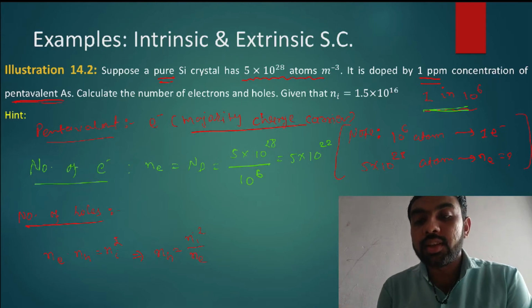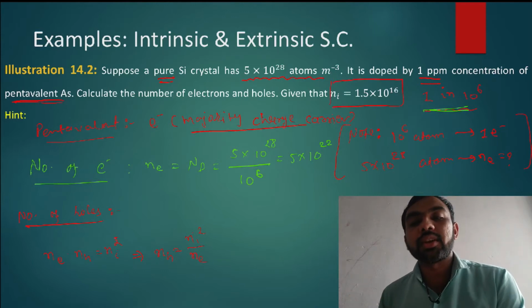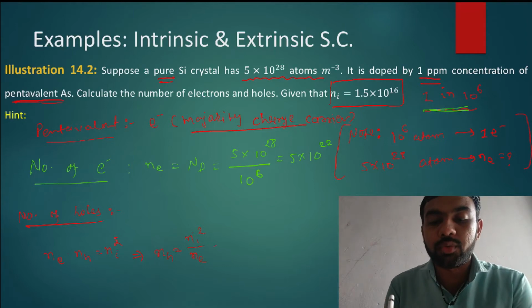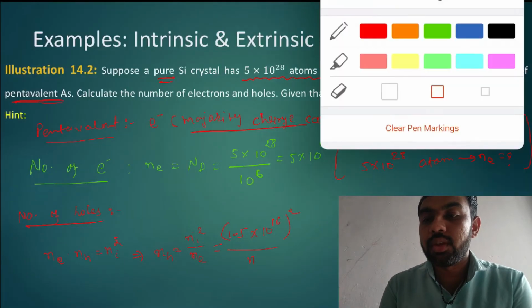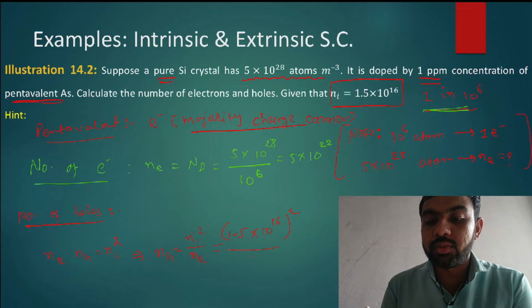See, Ni is given here, 1.5 into 10 raised to 16, so 1.5 into 10 raised to 16 whole square upon Ne. What is Ne actually? We already found this Ne, so let's put the value of Ne here. Ne is equal to 5 into 10 raised to 22. So find the Nh from this equation.